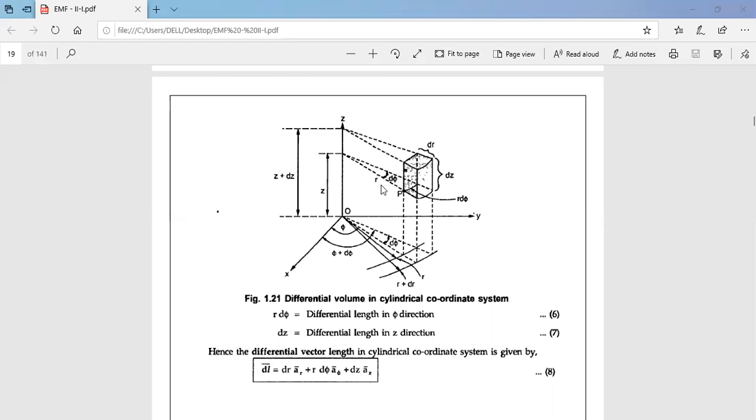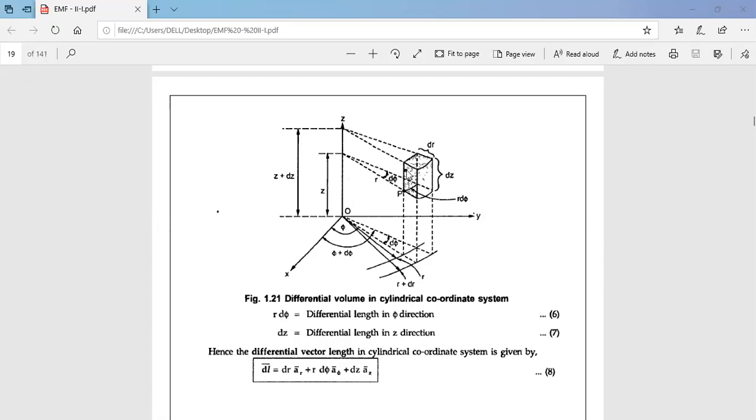Remember it's R, phi and Z. So this one would be dr dz in the a phi direction, because you're going around.